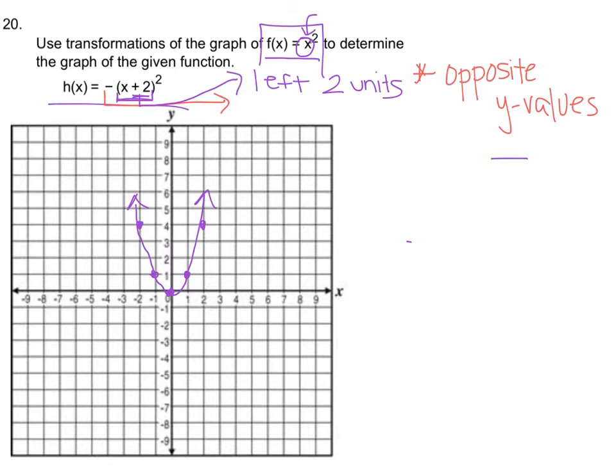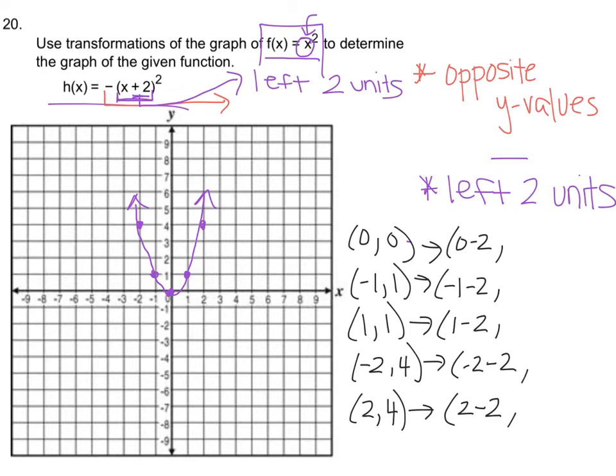That means I'm going to have a horizontal movement of right or left, and since it's plus, you do the opposite, which is move left instead of right. So I'm going to move left 2 units, and moving left is going to affect my x values.